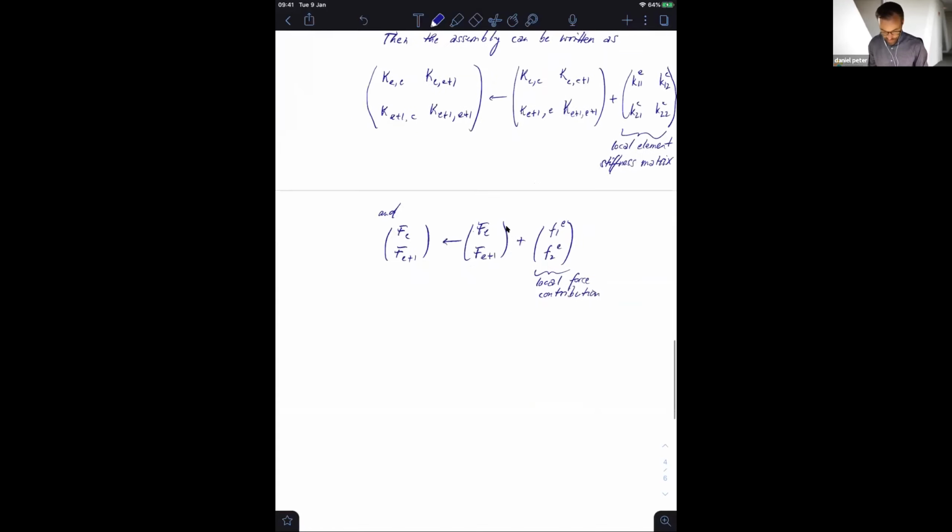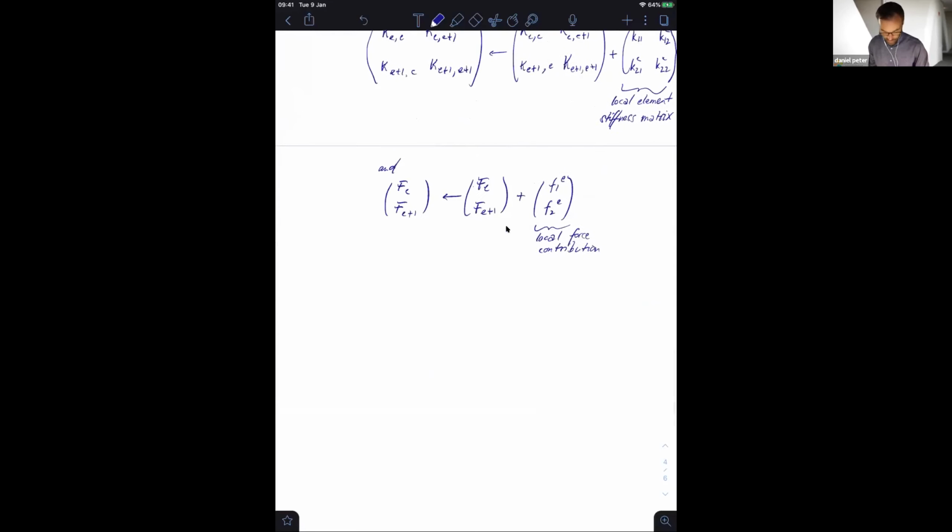And to basically make sure that in our case at the last element we have the right contribution.